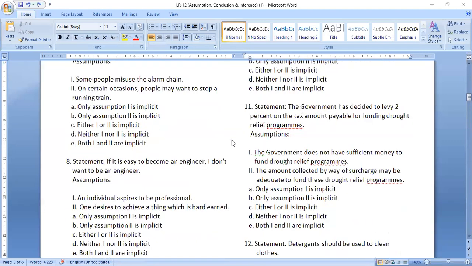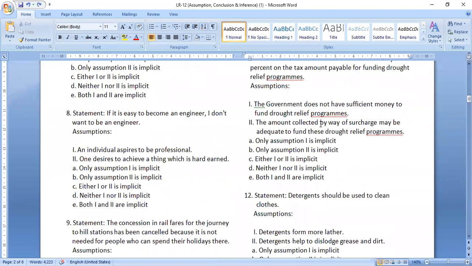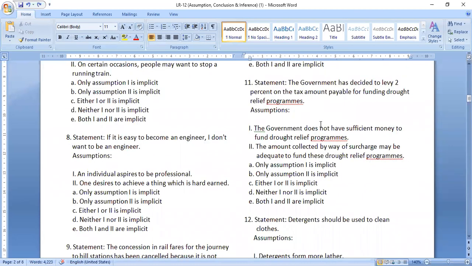Okay, so the statement is: the government has decided to levy 2% on the tax amount payable for funding drought relief programs. Statement one is: the government does not have sufficient money to fund drought relief programs.